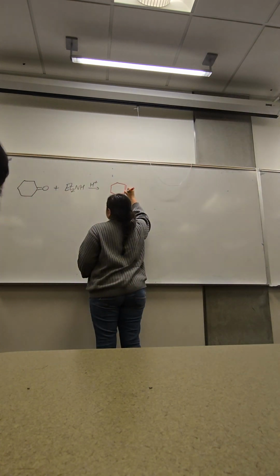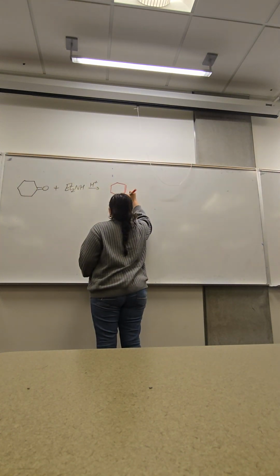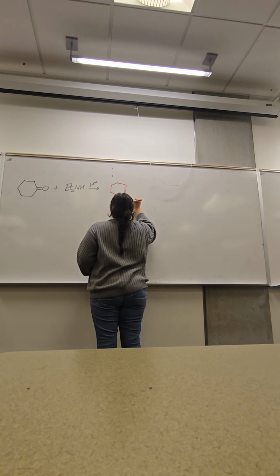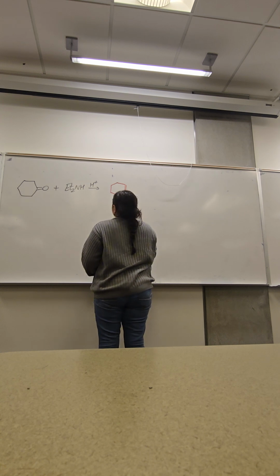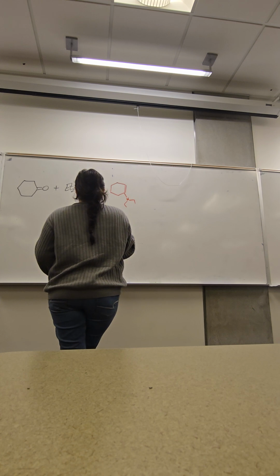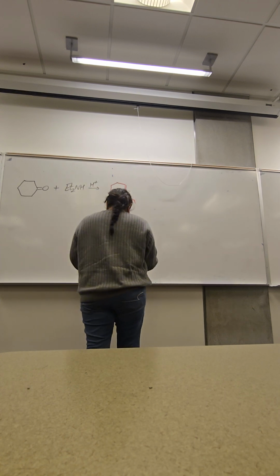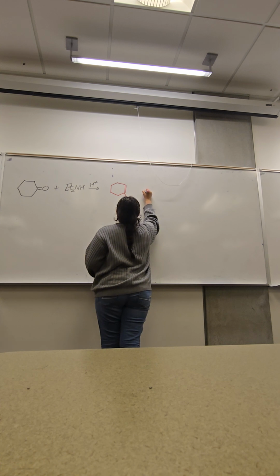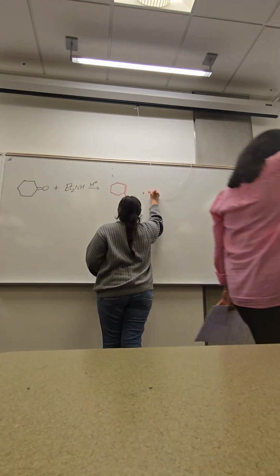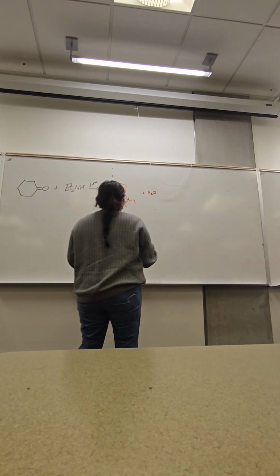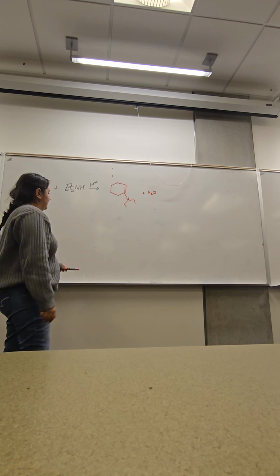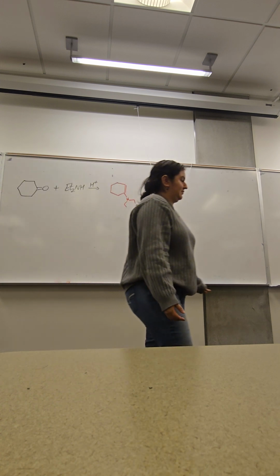So you were asking about the secondary, right? This has to be secondary. For this one, primary creates imines, which we saw earlier. Secondary creates enamines. Tertiary can't do anything because they don't have a hydrogen on them. Do you all agree?